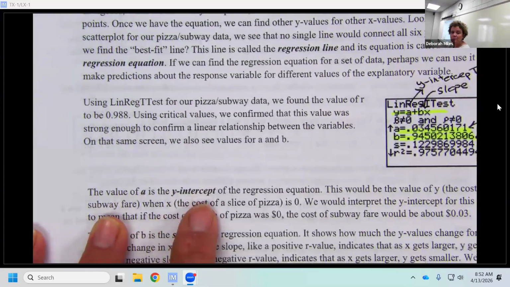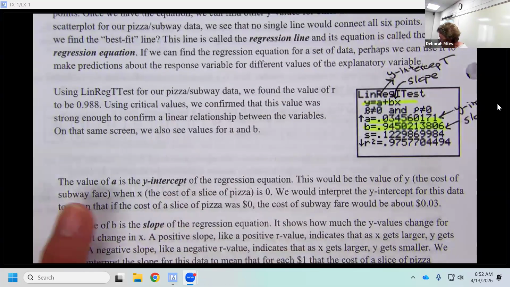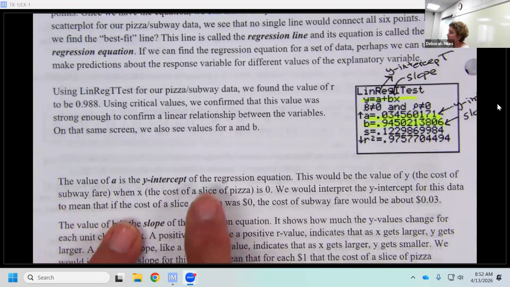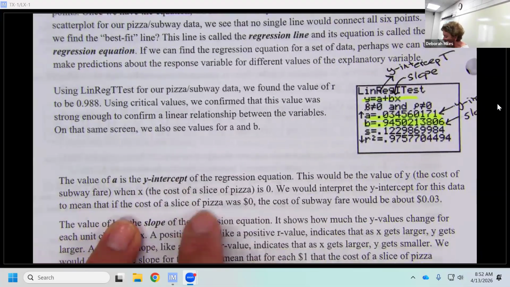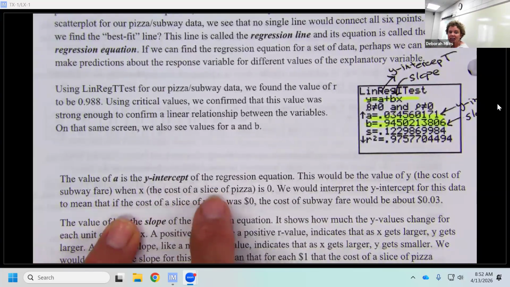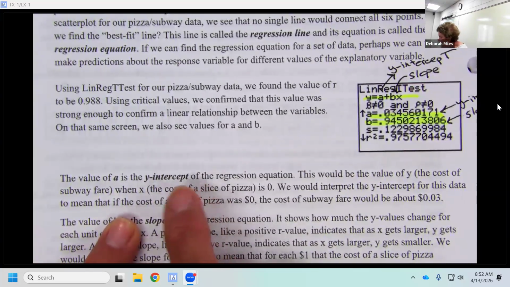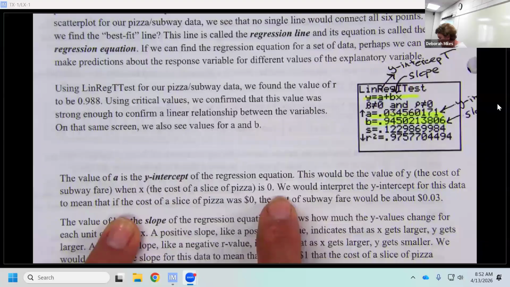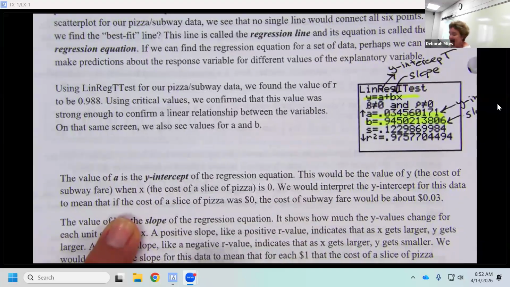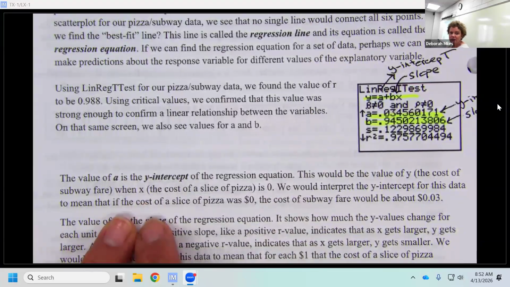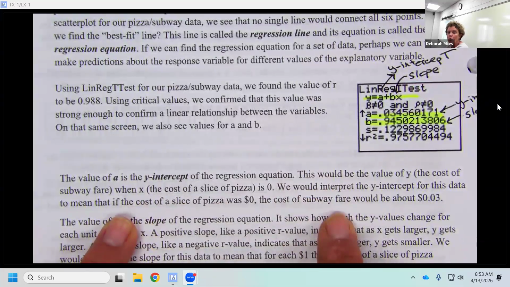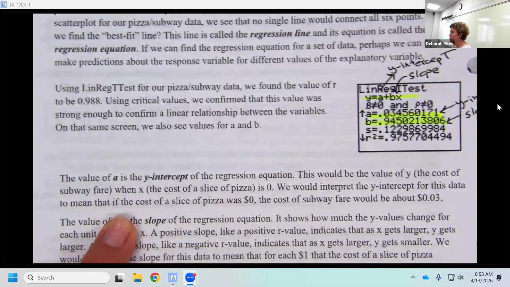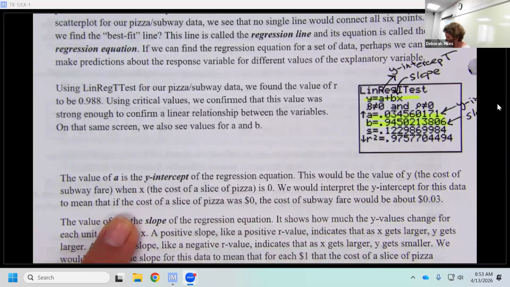So the y-intercept is always what you would get if you let x be 0. And in this case, x is your cost of a slice of pizza. So if pizza were 0, then the y-intercept would be the cost of the subway fare when pizza is $0 per slice.